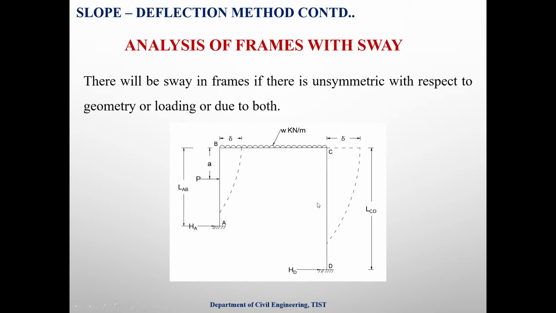If there is a portal frame with sway, then you have to analyze that portal frame with the sway, and formulate the shear equations by considering the free body diagram of columns. The shear equation will change according to the load acting on the column.